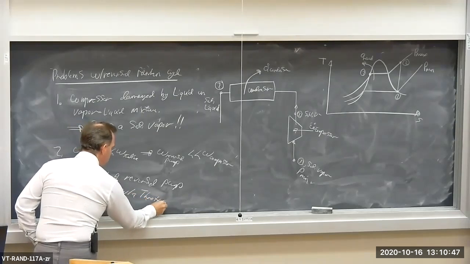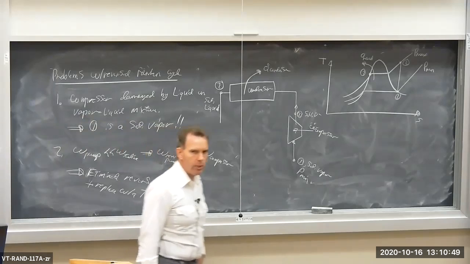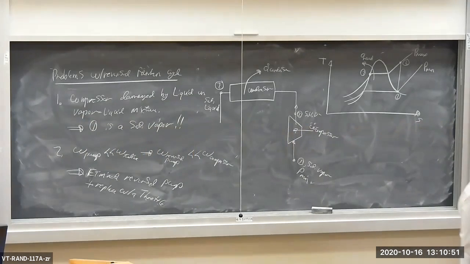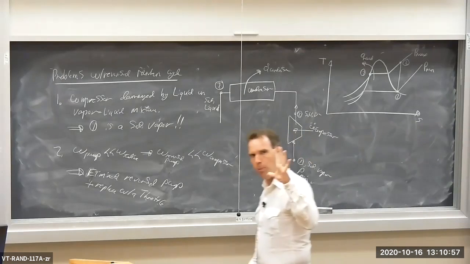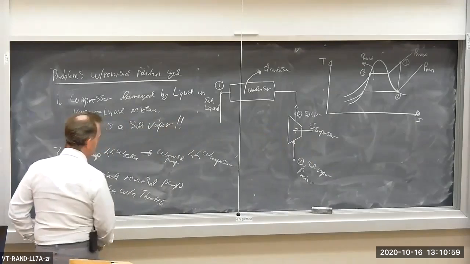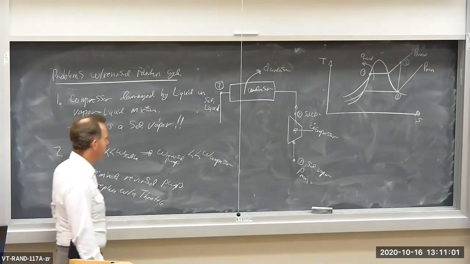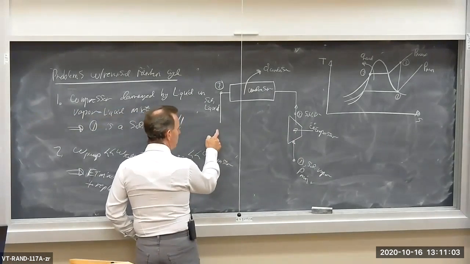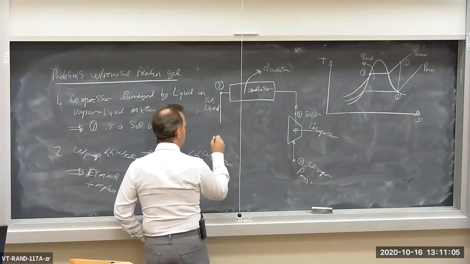Remember, we did an example. We talked about a throttle. I think we did an example maybe a month ago on a throttle. A throttle is a restrictor that opens up and allows for a pressure drop. So instead of having this pump here, I have a throttle.